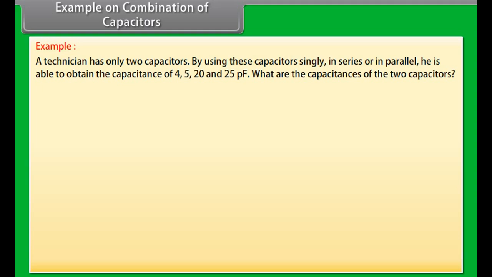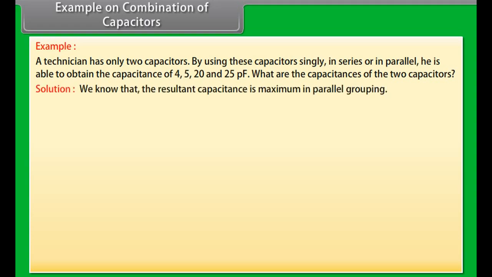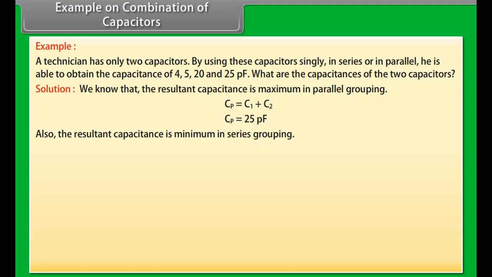What are the capacitances of the two capacitors? Let's see the solution. We know that the resultant capacitance is maximum in parallel grouping. Cp is equal to C1 plus C2, or Cp is equal to 25 picofarad. Also, the resultant capacitance is minimum in series grouping.